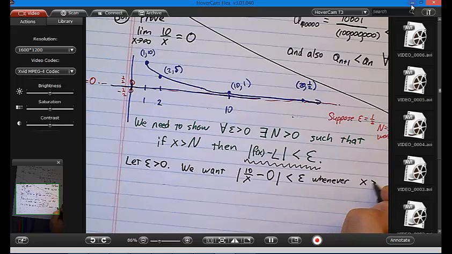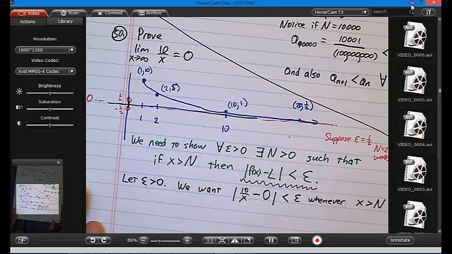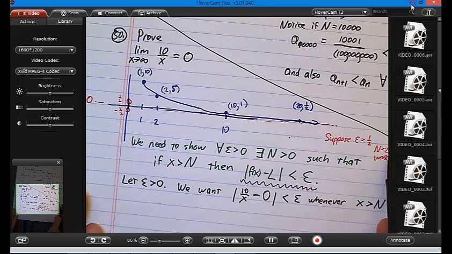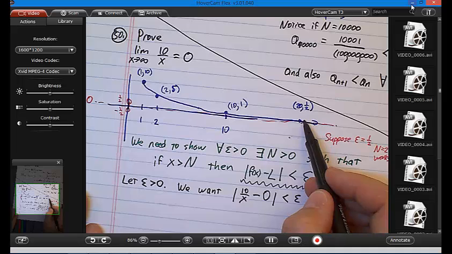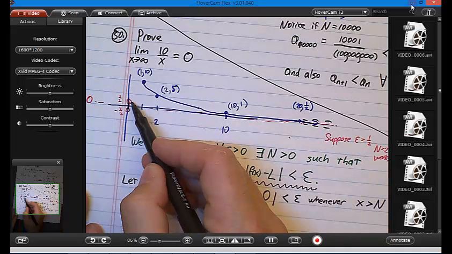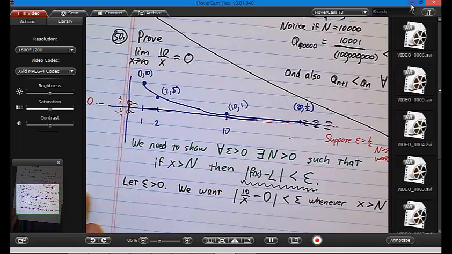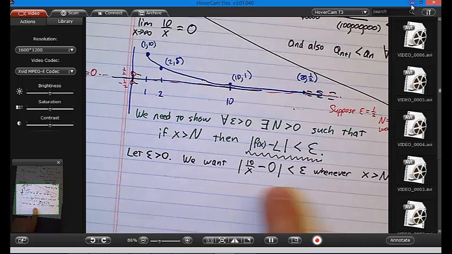X is bigger than what? N. You don't always have to have this true, but if x is bigger than n, like in our example, Joe says, hey, when n is 21, anytime you're past 21, you would be contained in that epsilon window that was defined over here. Does that make sense? So this is what we want to have happen for any epsilon.